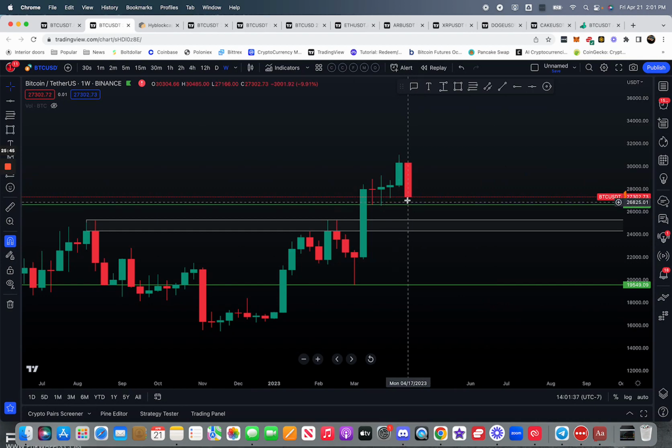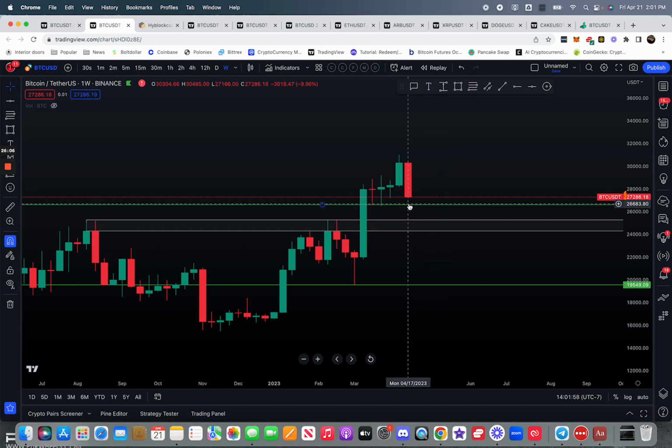This would be a really good area to exit, and then you can reevaluate whether you want to continue shorting or play the scalp long bounce to maybe a 9 EMA, or whatever your strategy is.